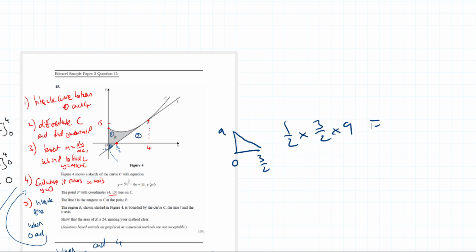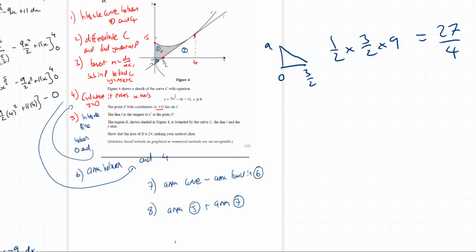And then plugging in your numbers is equal to 27 over 4. So we know that this little area here, area 3, is equal to 27 over 4. Again, you can pop that here, so 27 over 4.